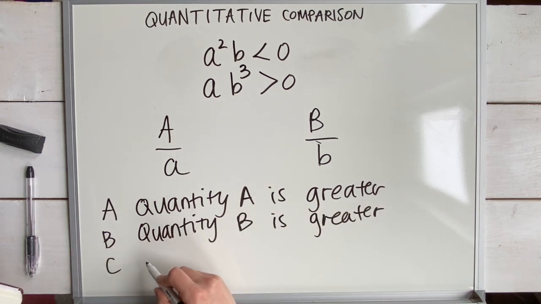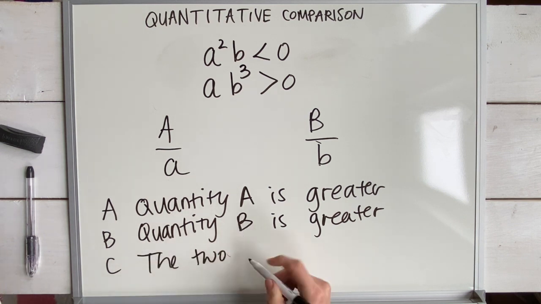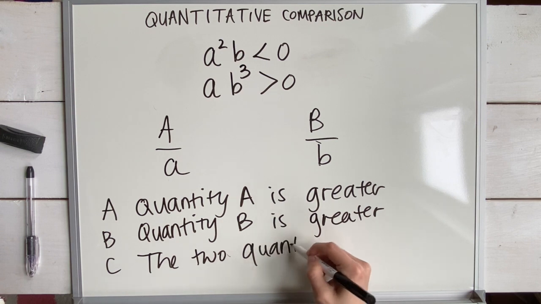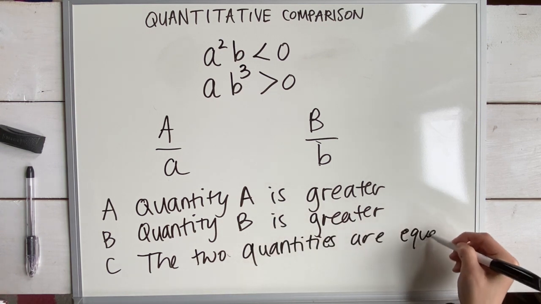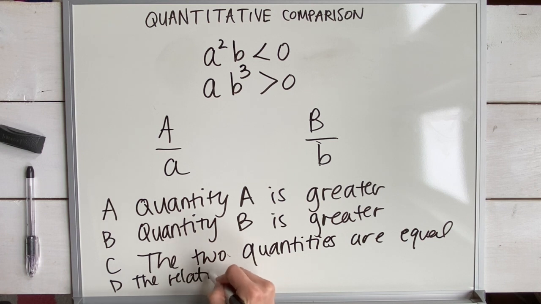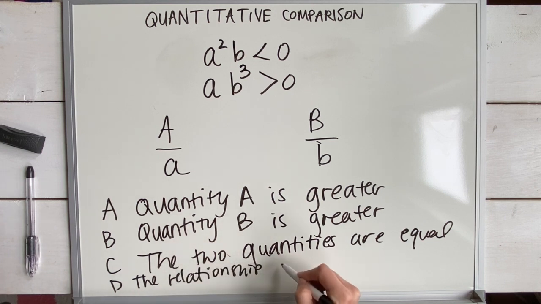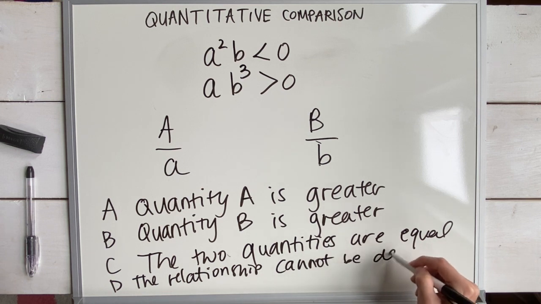C says the two quantities are equal. And then I'm going to squeeze D in here, which says that the relationship cannot be determined from the information given.